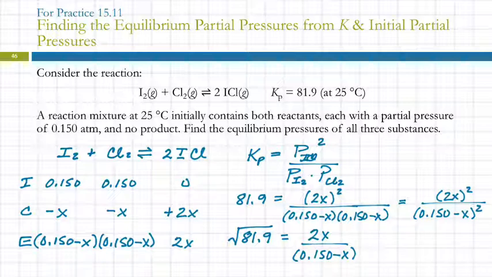So I've got 0.15 times the square root of 81.9. I'm not saying that it's nice, but it can be done. Rearranging this, I'm going to get 1.357 minus 9.05x being equal to 2x.